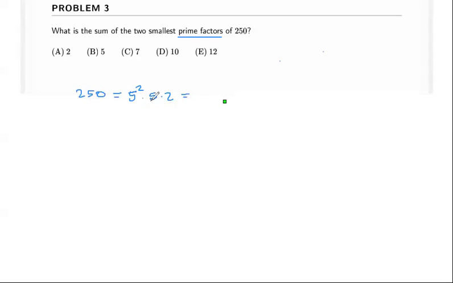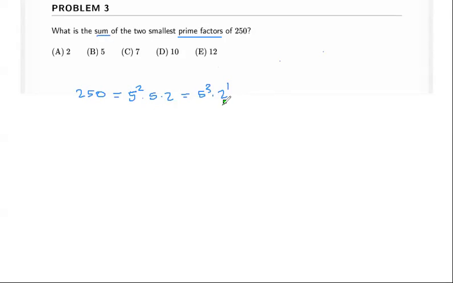So if I combine the 5s, we have two 5s and one 5, which is three 5s, and then one 2. So this is my prime factorization. But the question says, find the sum of the two smallest prime factors. A prime factor means a number that is prime and also divides 250.